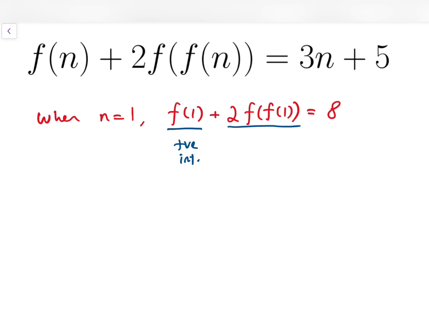So that means this f of 1 must be a positive integer that is less than 8. If not, when this number is added by 2 times f of 1, it will be larger than 8.